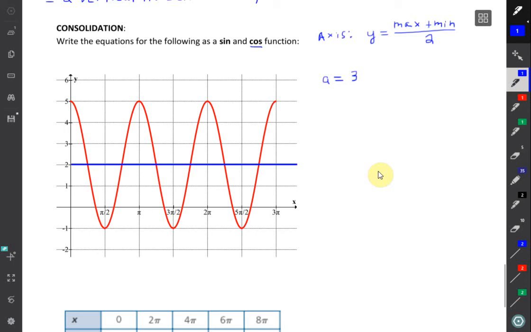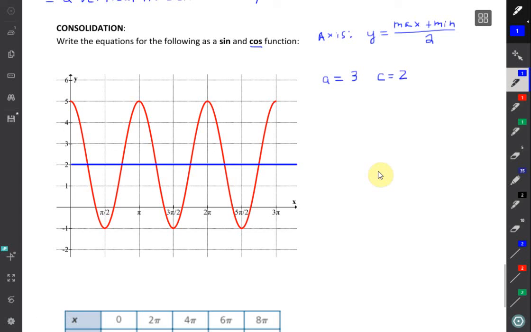They will have similar constants, except for the fact that there will be a d to do a phase shift. So we have a equals 3. We already know that the axis is y equals 2. So if the axis is y equals 2, that means that our c value is 2.